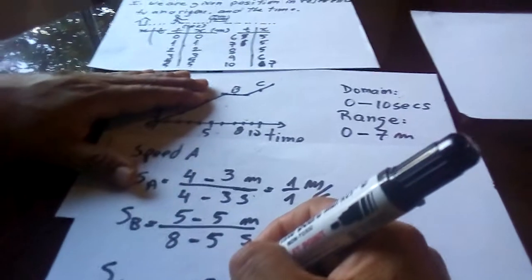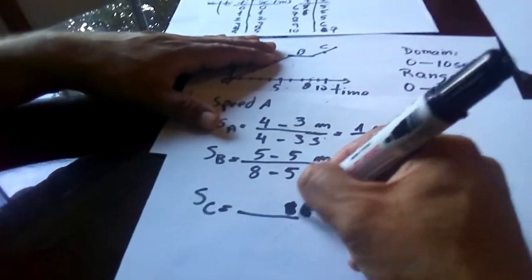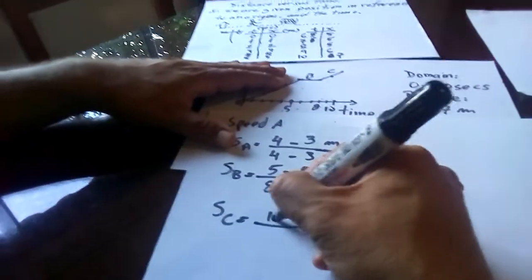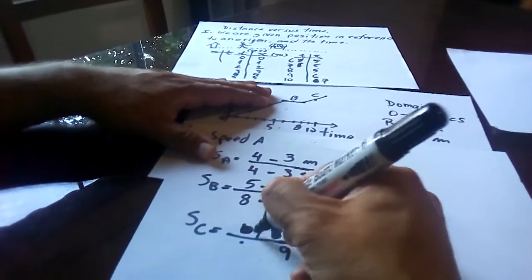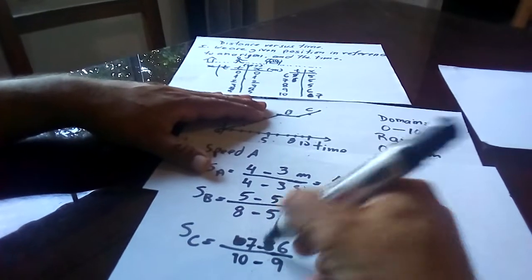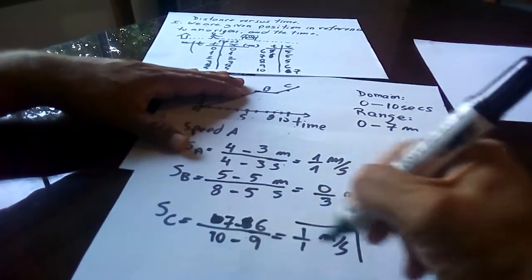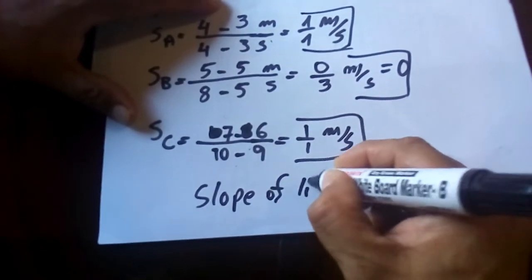For example, my position 6 was when time was 9, and my position 7 was when time was 10. 7 minus 6 over 10 minus 9 gives me 1 over 1 meters per second, the same speed I had before. So remember, the slope of the line is the speed.